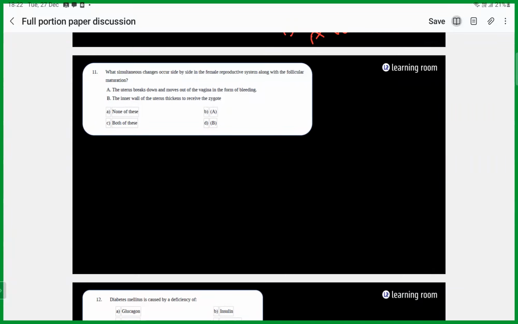Okay. So listen. What are the three layers which make the uterus? The uterus is made up of three layers. What are they?